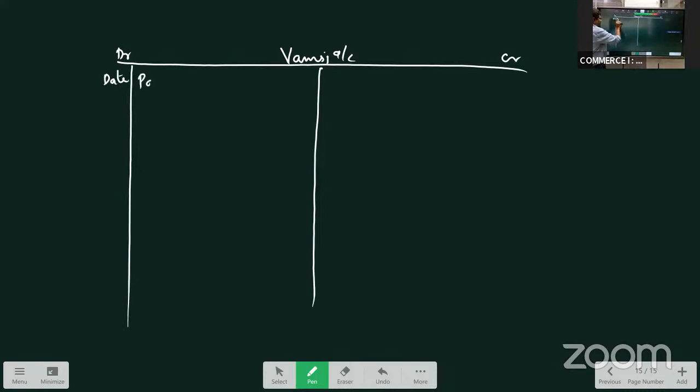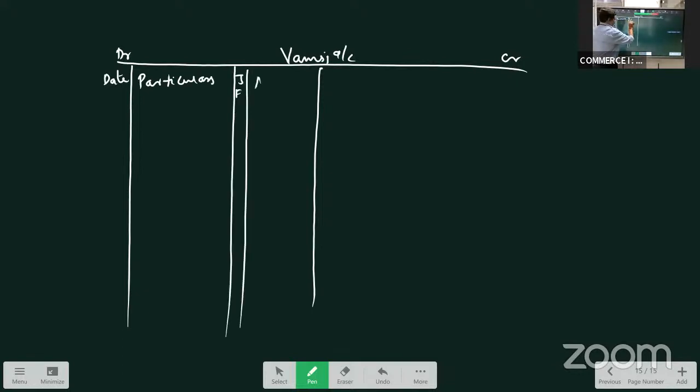So we'll prepare the ledger format first. Vamshi account. Date, particulars, JF, amount.